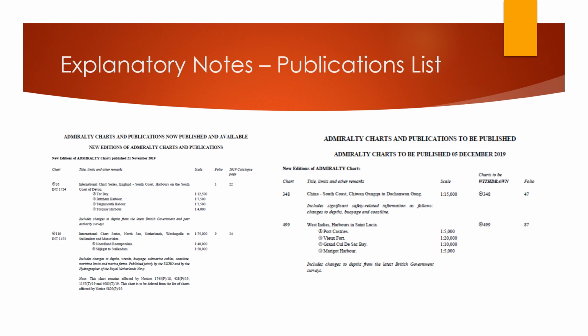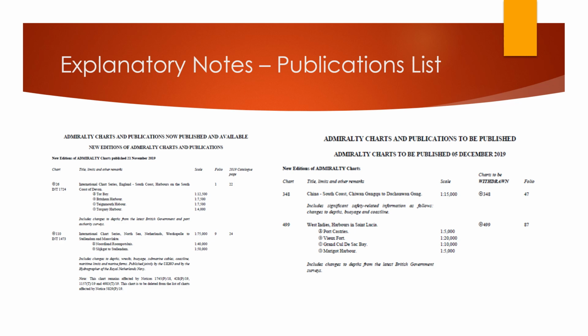These are the same charts that were listed in the previous slide, the index of Admiralty charts affected. And on your right side of the screen you can see some of the charts which are required to be published in the week of 5th of December. So this is an announcement regarding new charts which are going to be published in the near future.